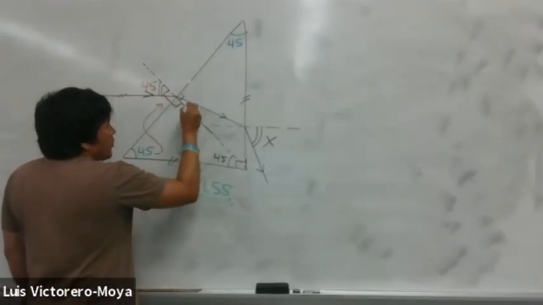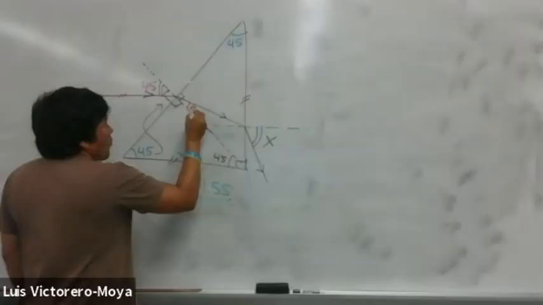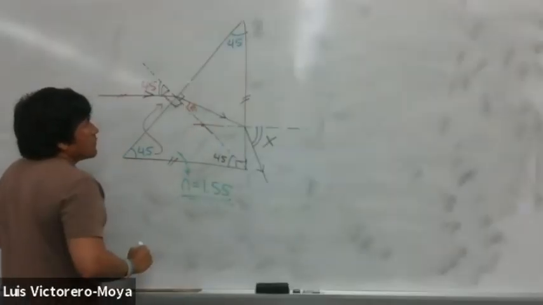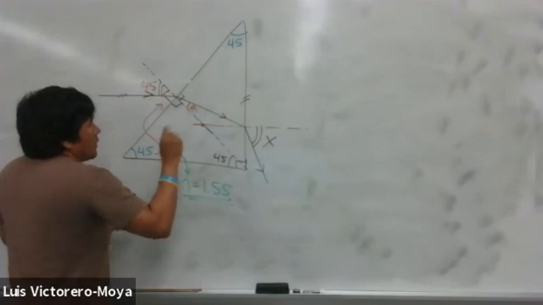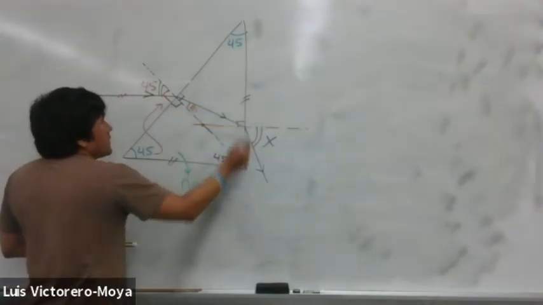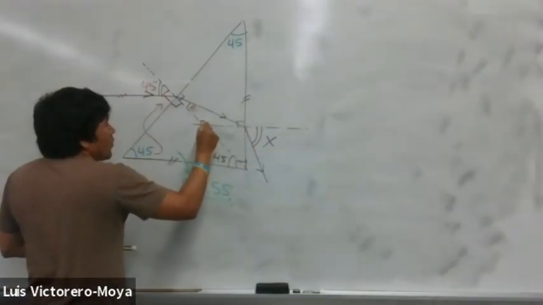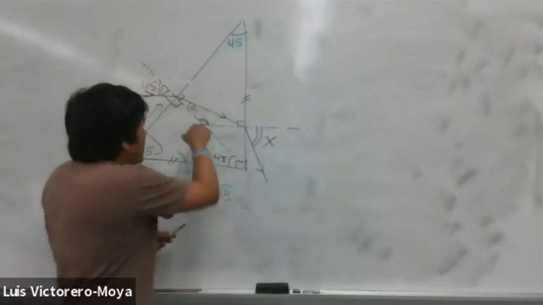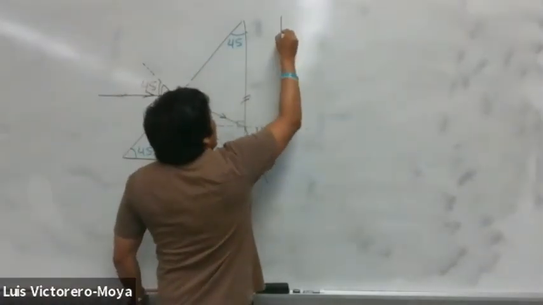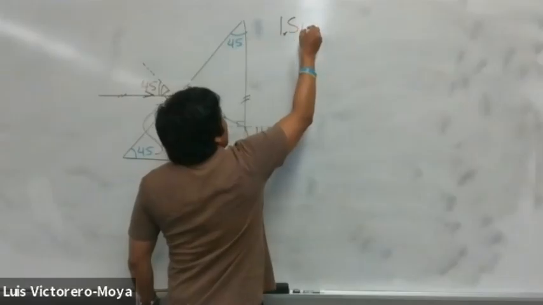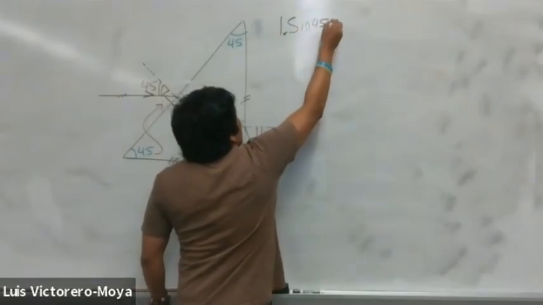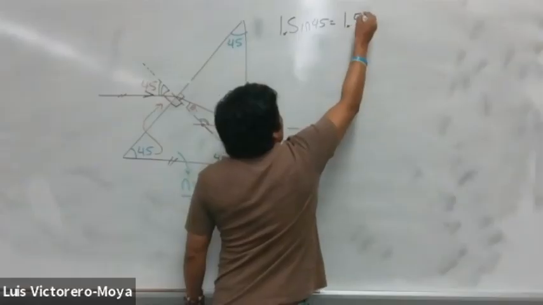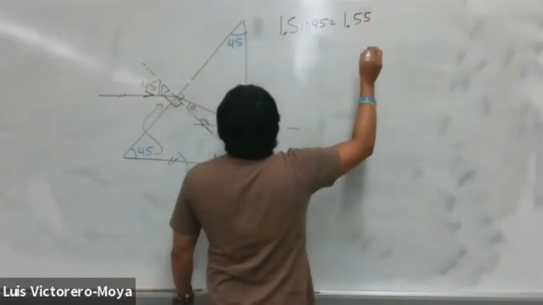Before we solve for this angle here, theta 1, the two normals intersect here. 90, 90, 45, you're going to need this angle here. Let's find theta 1 while you think about that. 1 times sine of 45 equals 1.55 times sine of theta 1.